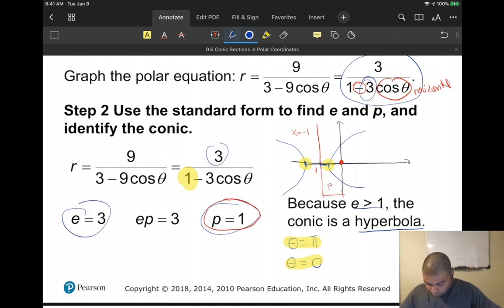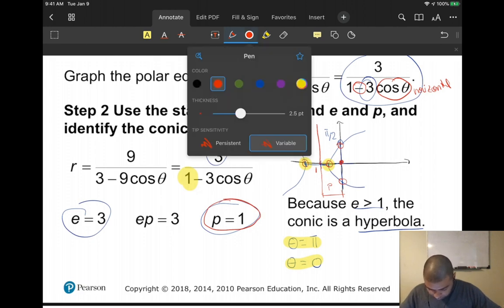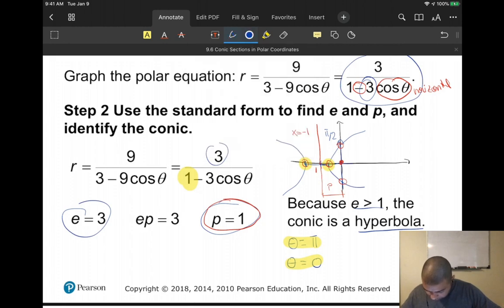And then I get, again, pi over 2, to get these 2 points that I'll circle here. These are the 3 or 4 points that I'm looking for. So for these extra points, I'd do pi over 2 and then 3 pi over 2. And once I have those 3 or 4 points, I'm done.